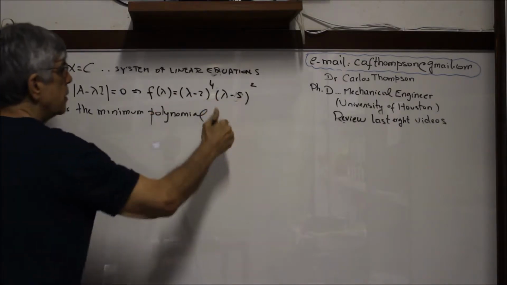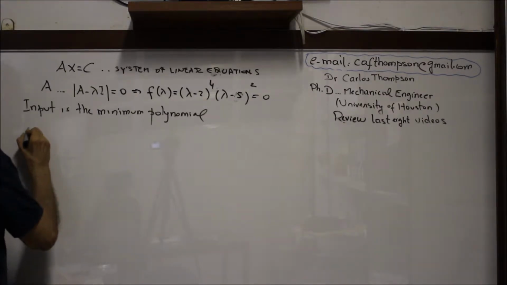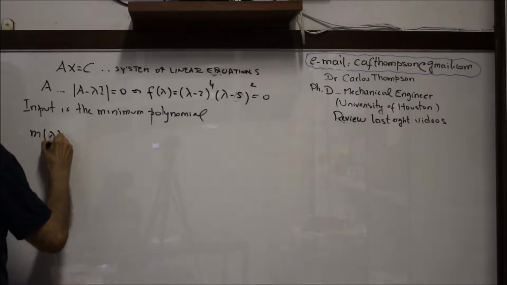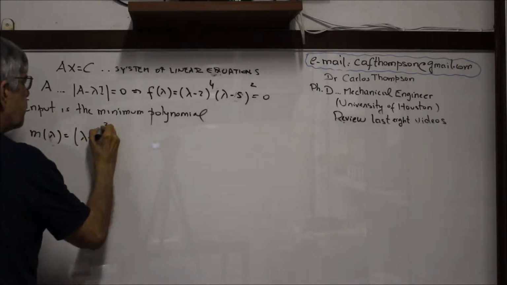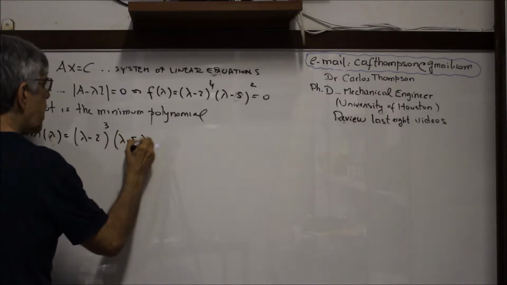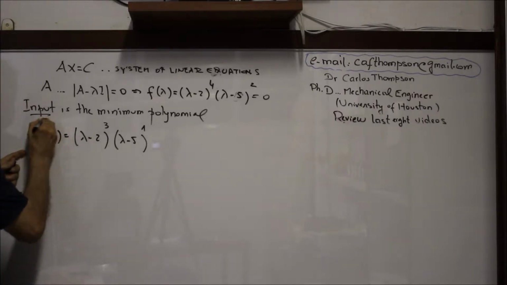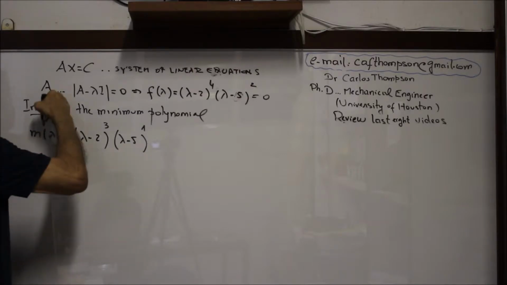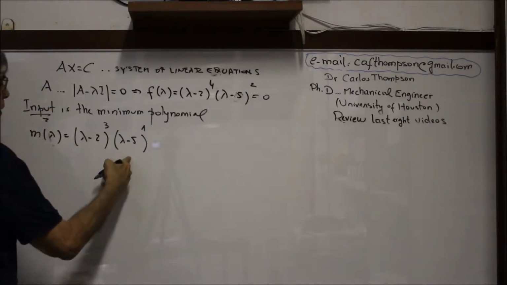Suppose I start with this polynomial, m of lambda equals lambda minus 2 to the power 3, times lambda minus 5 to the power 1. Suppose we start with this as the input for our study. There is a matrix A in which we obtain this minimum polynomial.